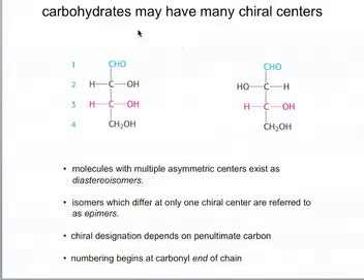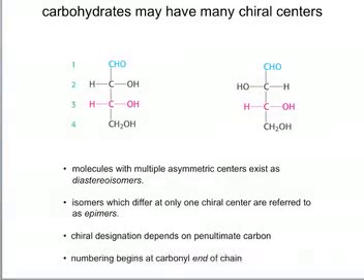In this case, we have potentially 4 diastereoisomers because we have 2 different chiral centers around which we can have 2 different organizations. However, if we only vary one of those chiral centers, as we have in this slide, we refer to these as epimers. So these 2 carbohydrates are epimers of each other, in which we only vary the organization around carbon 2.